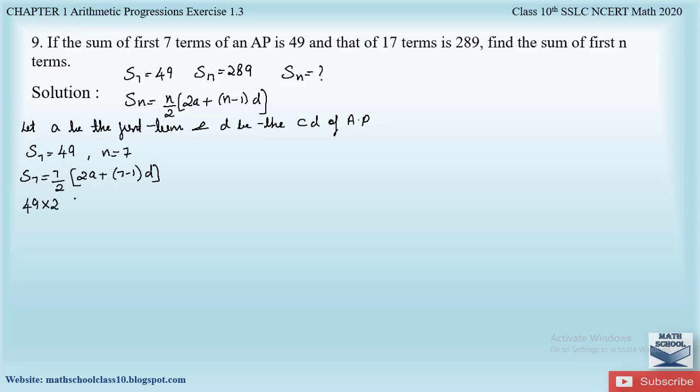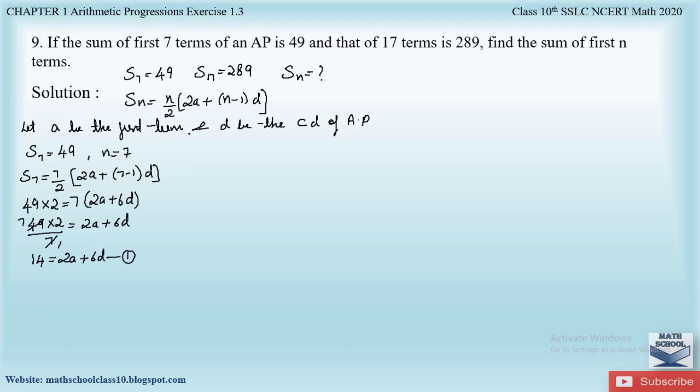By cross multiplying, 49 into 2 is equal to 7 into 2a plus 7 minus 1, that is 6d. Let us bring this 7 to the left hand side again. This will be 49 into 2 divided by 7 is equal to 2a plus 6d. 7 7 times, so 7 2s are 14. So that will be 14 is equal to 2a plus 6d. Let this be the equation number 1.